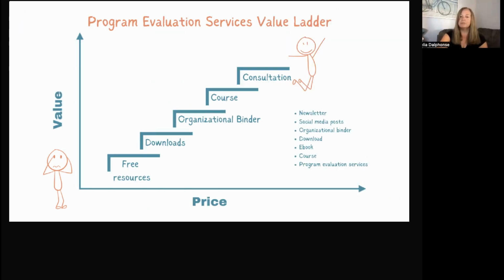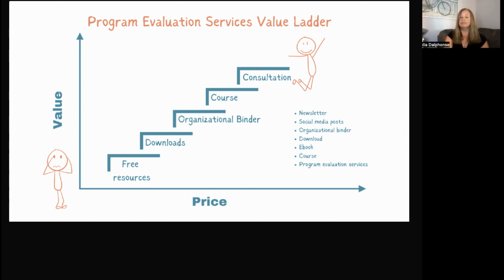So for this service, we would, again, create a value ladder. How are we going to help them get to know, like, and trust us through using low cost or free products, and get them into just interacting with us? And we might include a newsletter. We could write social media posts. We could create an organizational binder that gives the ABA business owner a place to store all of their data and keep it organized.